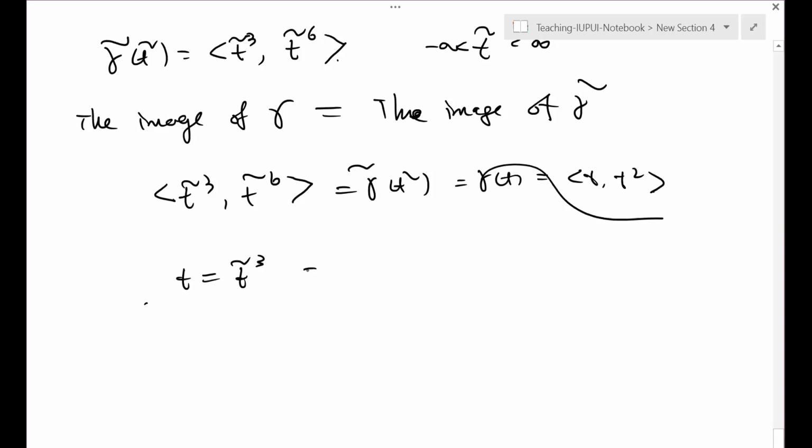So this is our phi of t tilde. The inverse, you just solve for this. It's going to be t to the 1/3.